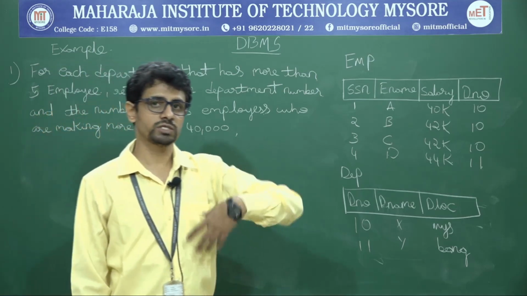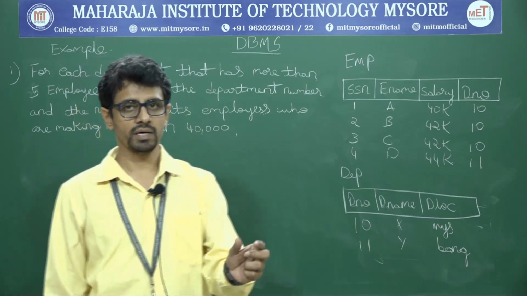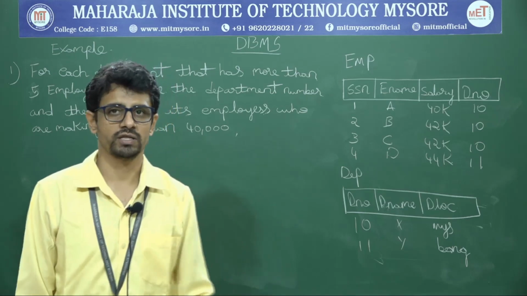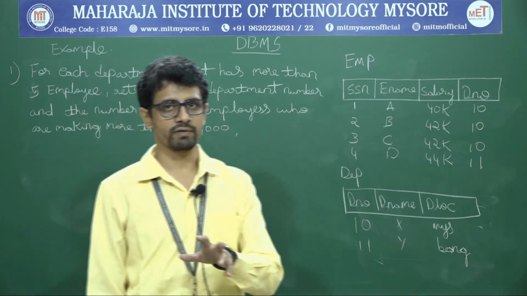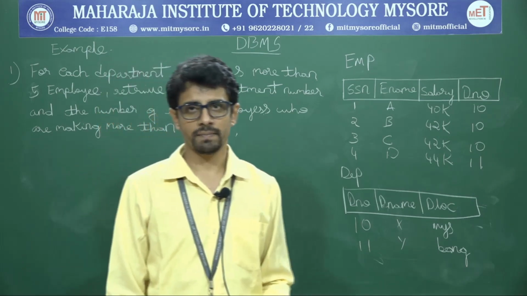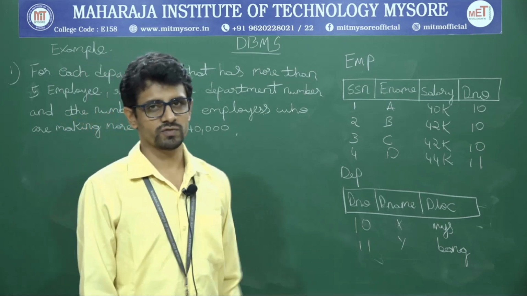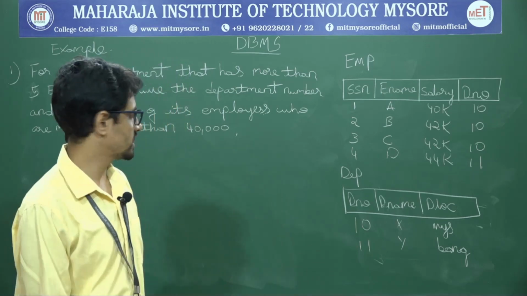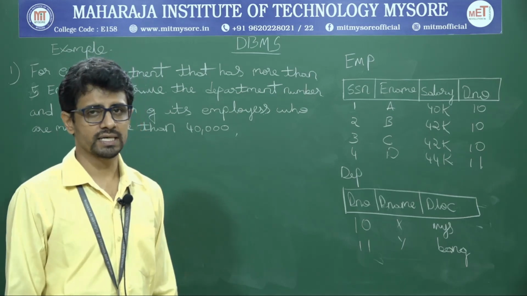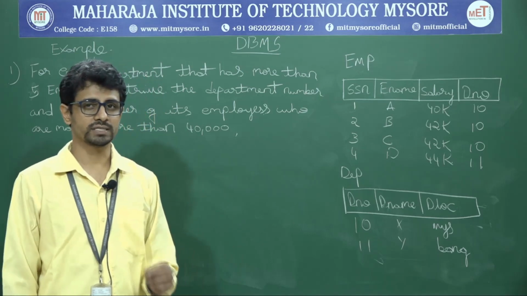Next, among those 6 people, I need to find the department number and next to it how many are taking a salary of more than 40,000. Hope the query was clear to you all. So you need to analyze it, take a part of it and write the query. I have just written a small instance of the output so you can understand clearly. As you can tell, we require the employee table as well as the department table in order to answer this query.